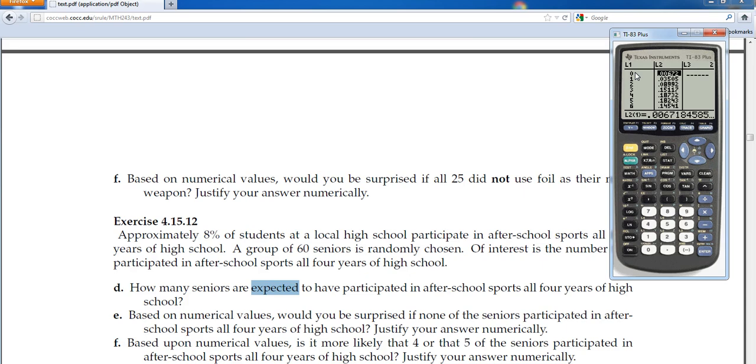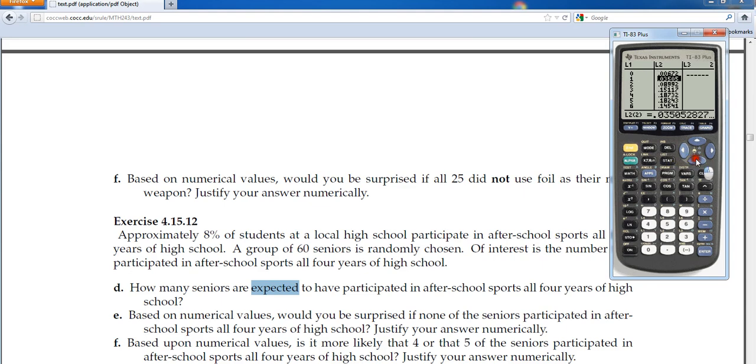So basically what that means is fewer than 1 in 100 seniors should play sports all 4 years. According to this, it's about 7 in 1,000. So would you be surprised? Yeah, by mathematical definition, yes, because it's less than 5%, the cutoff. It's a very, very rare event.